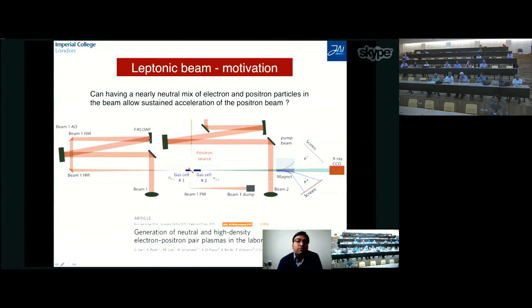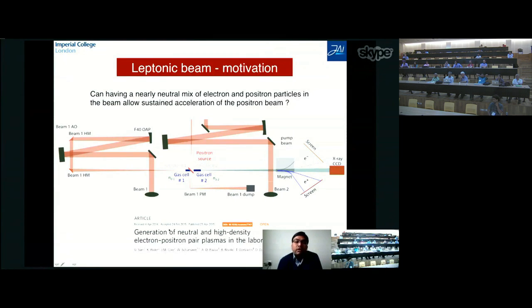So you use the first laser pulse to drive the first stage of plasma acceleration, where you have just electrons being accelerated, and then you use a positron target in between the 2 cells, and this positron source will basically use the pair production process of when the electron beam goes through this high Z material and generates a corresponding positron beam as well, which will then be injected into a second gas cell stage, which is driven by the second laser pulse of the Gemini setup.